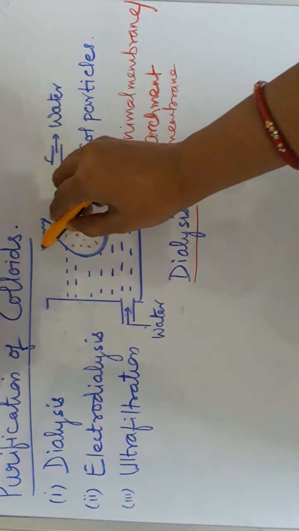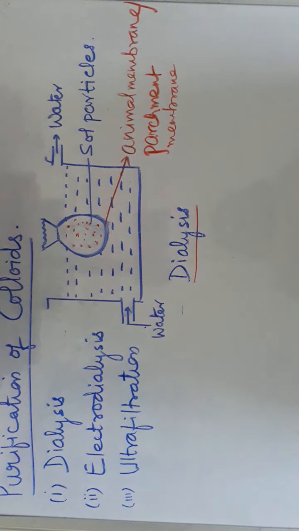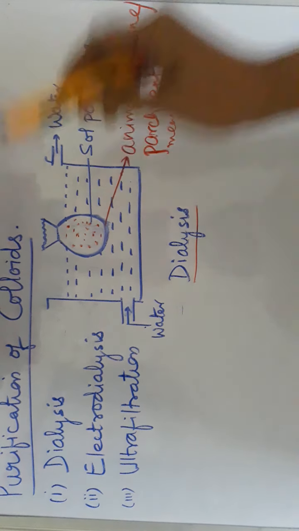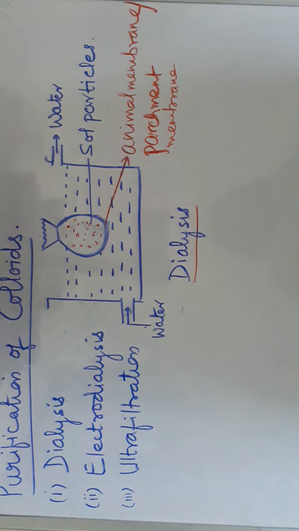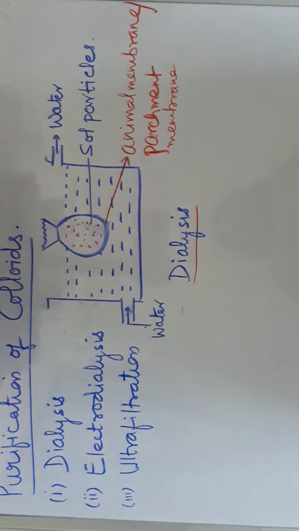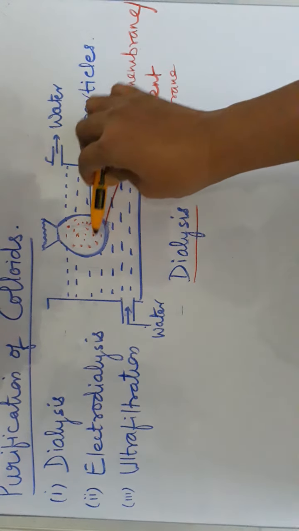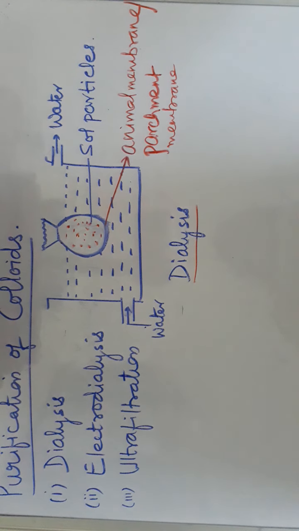The bag in which the colloid is filled is made up of selectively permeable membrane, which can be an animal membrane, parchment membrane or cellophane paper. It will allow only the impurities to diffuse through it. So, it is suspended in pure water and slowly the impurities will diffuse through this membrane into pure water.